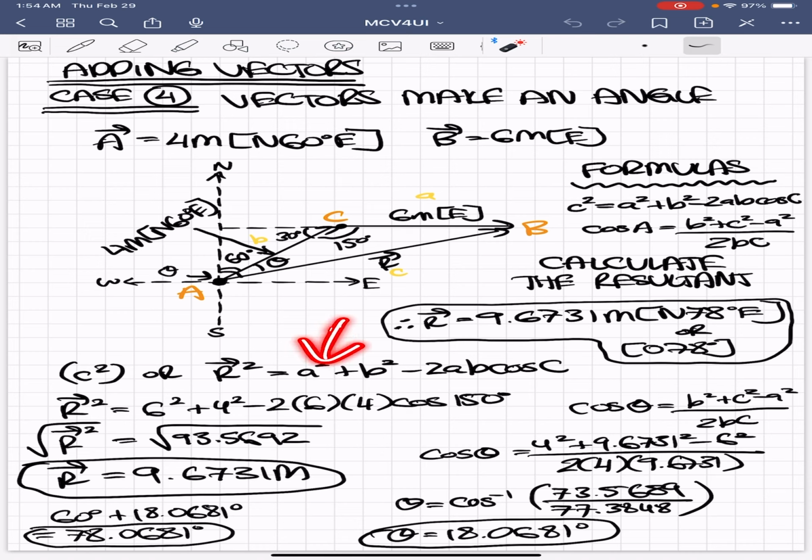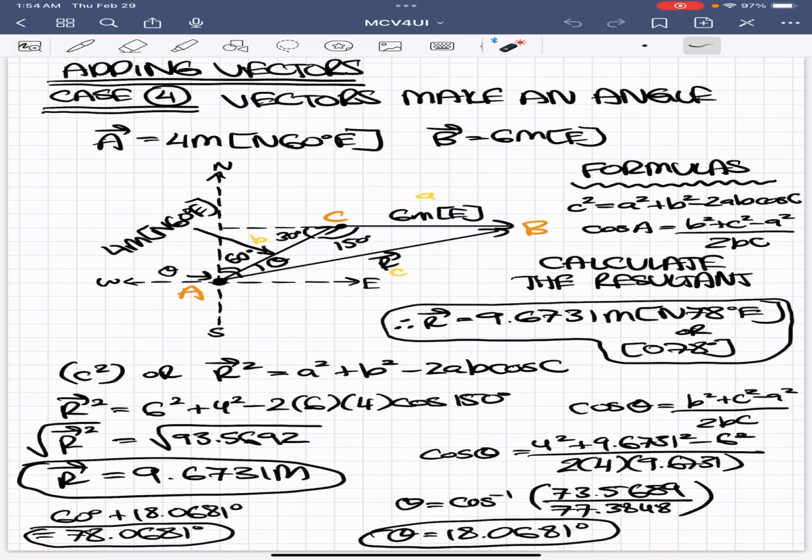There's numbers all over the place. But it's actually very simple. We're just going to use some very simple trigonometry to help us figure out this vector question in which the vectors make an angle. We're going to try and figure this out together. So let's begin.